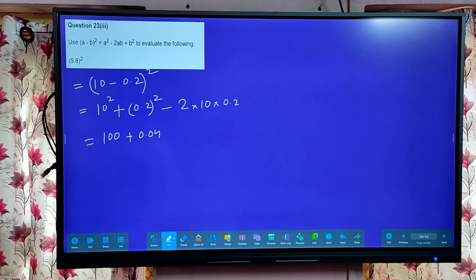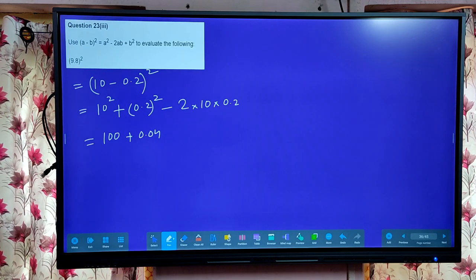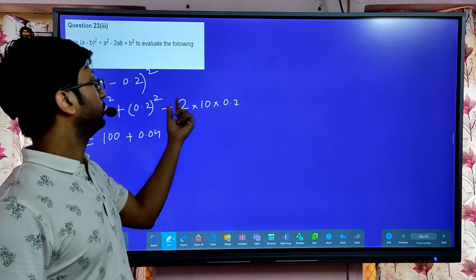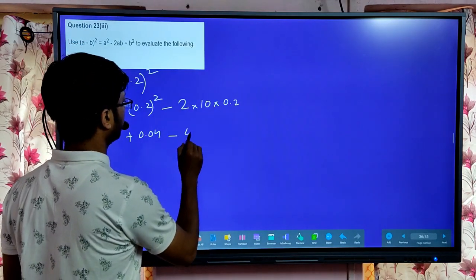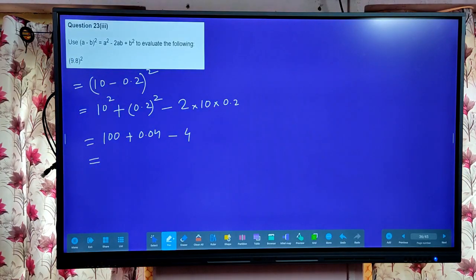So 2 into 2, it will be 4. Okay, so 100 plus 0.04 minus 4. See, 10 into 0.2 is 2. This point will go, 2 into 2 is 4, so minus 4. Okay, so this will be how much?